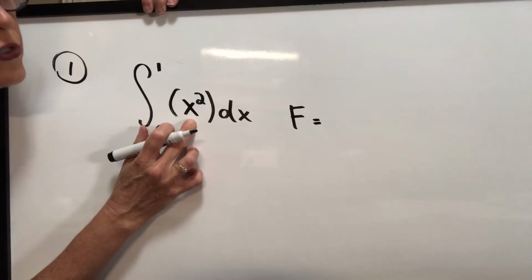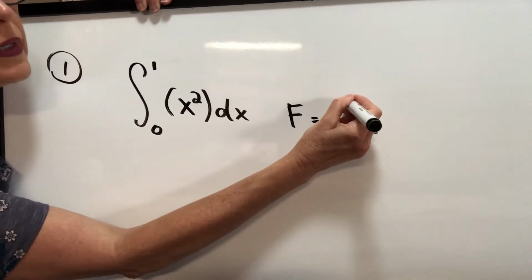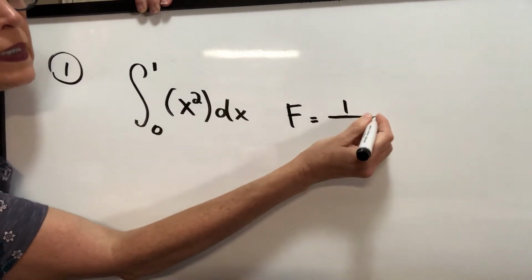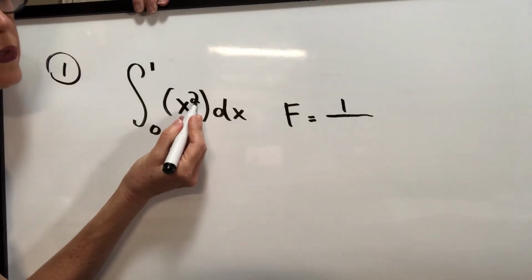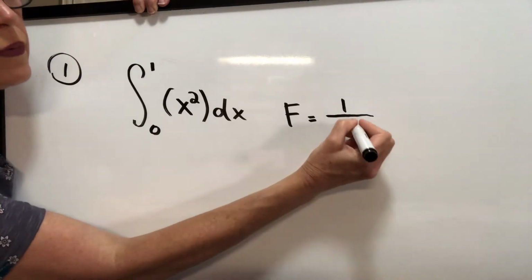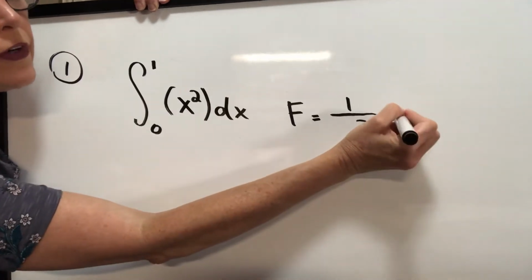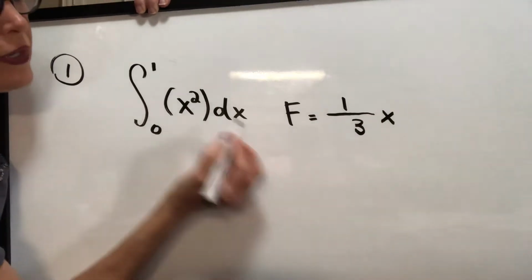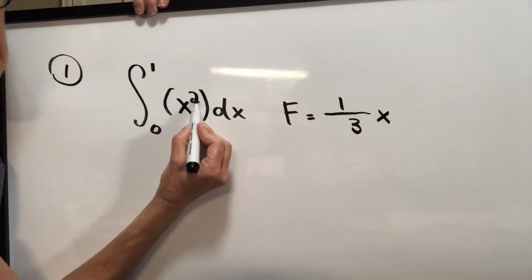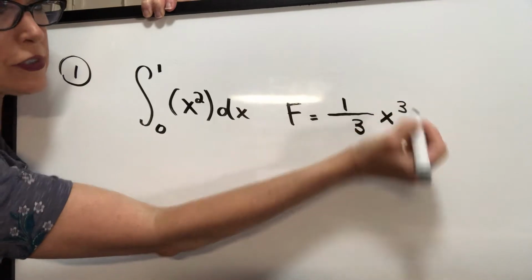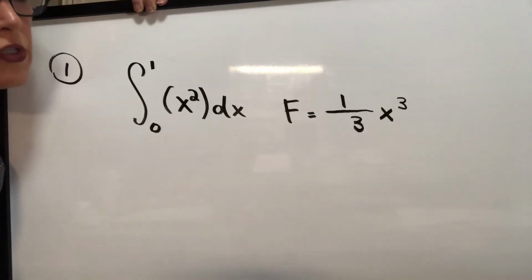So what you do is you create a fraction. There would be 1 in the numerator. And whatever the exponent is here, you add 1 to that. So think of this 2. If you add 1, that would be 3. And then you have your variable x. And then you use this number here plus 1 again. So it's 3. So it would be 1/3 x cubed.